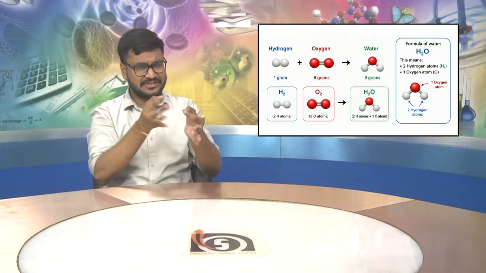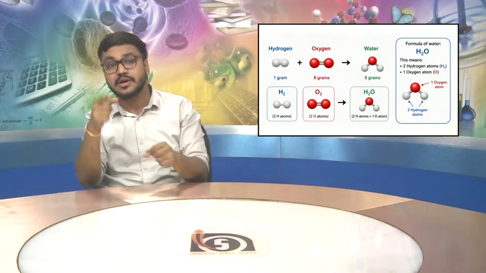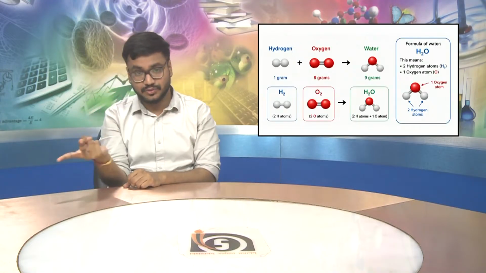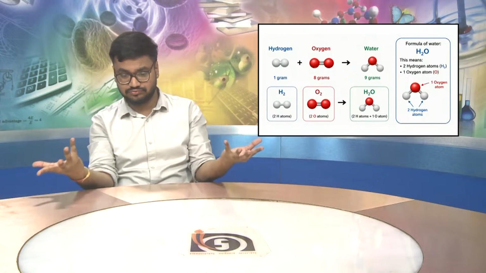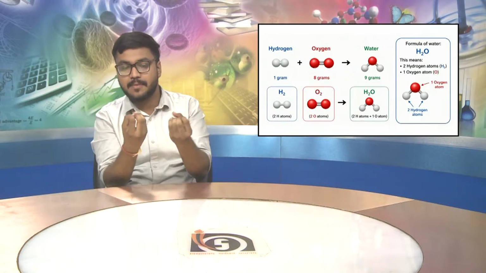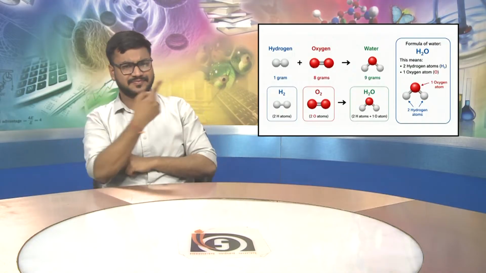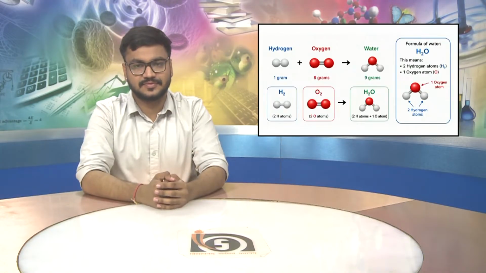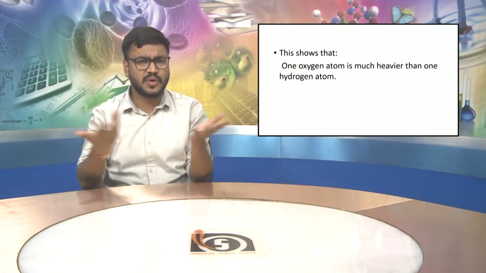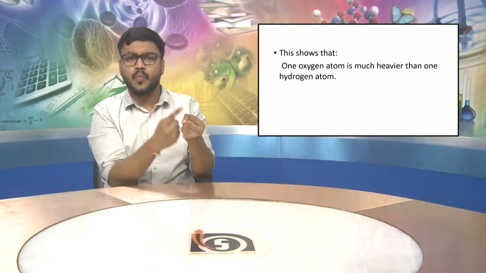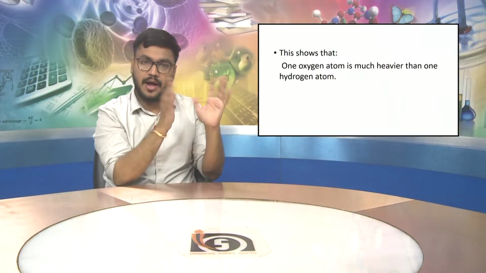Here is a visual explanation of that example. It shows 1 gram of hydrogen, which is 2 hydrogen atoms, and 8 grams of oxygen, which is 2 atoms. This shows that one oxygen atom is much heavier than one hydrogen atom.